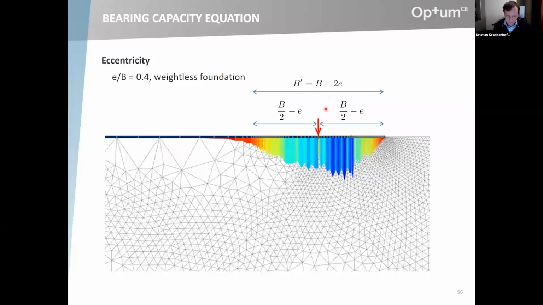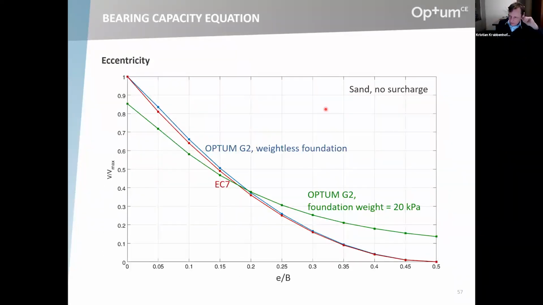You could then assume that the foundation, like most real foundations, actually has some weight. And I've set this weight to 20 kPa. That means when it comes to the central loading, of course, the maximum external force is a little bit less than what we had before because the weight of the foundation is already included.